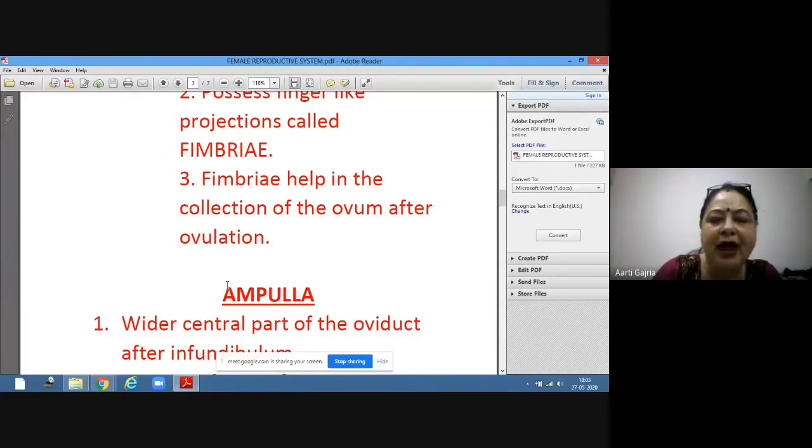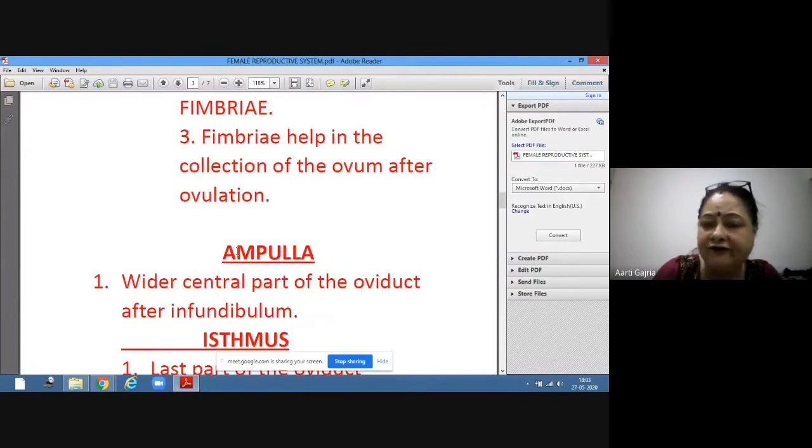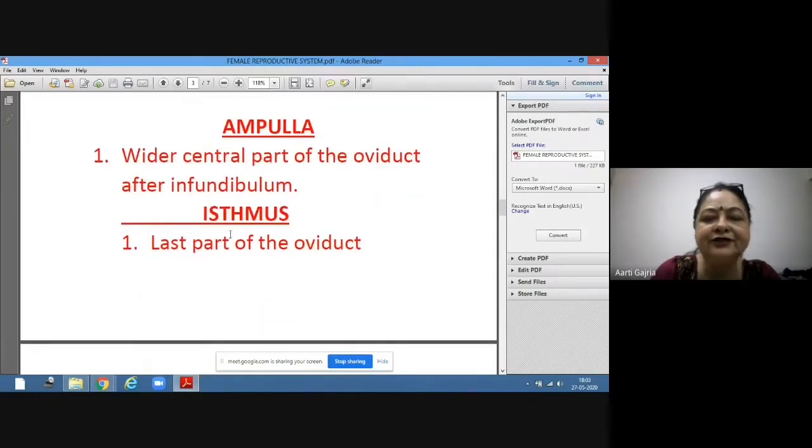The second part, which is the central part after infundibulum, is the ampulla. Ampulla is the wider part after infundibulum. Then the last part is isthmus.